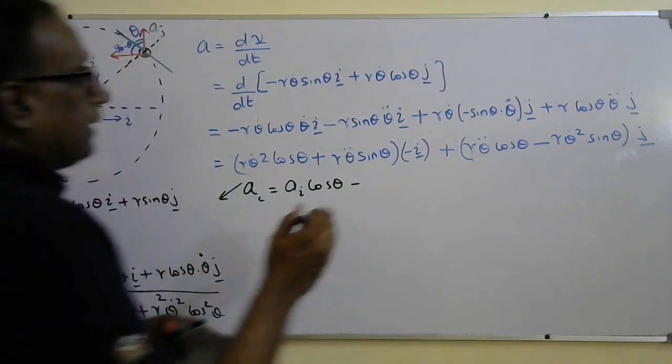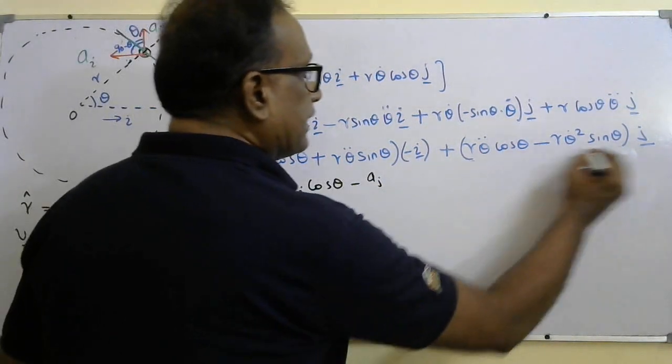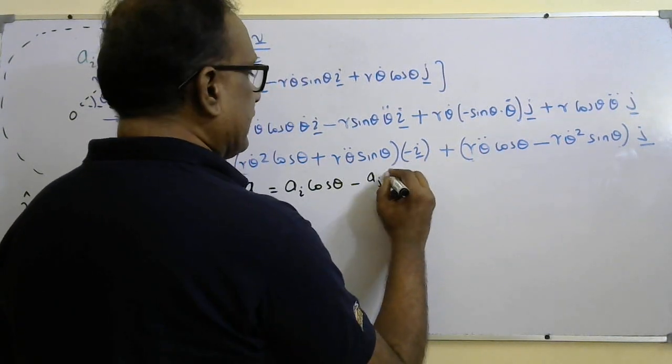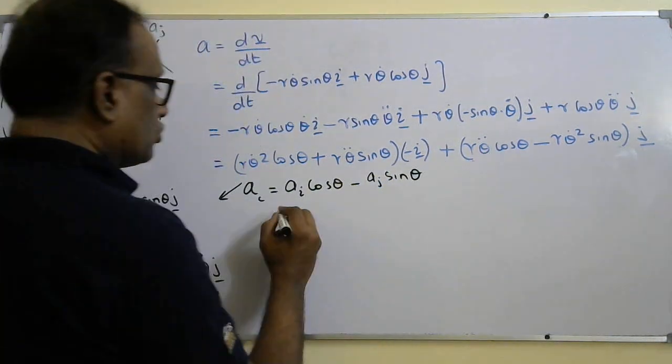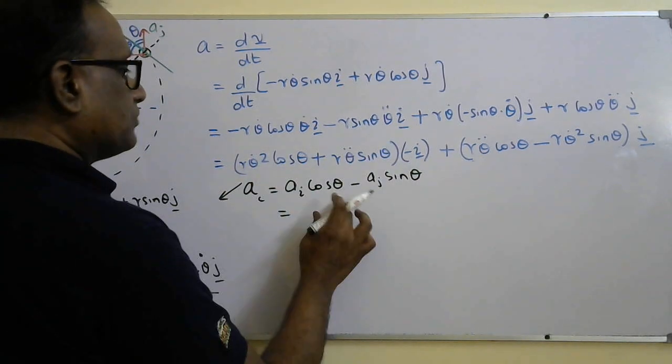So the whole thing is a_j sine theta. Okay, so we'll multiply all these things with cos theta.